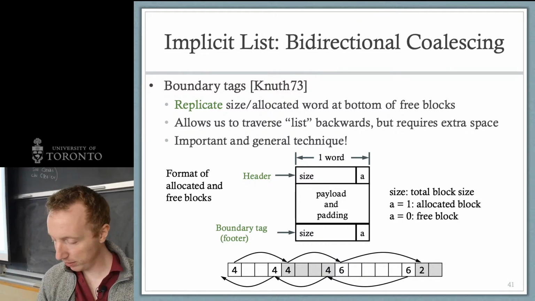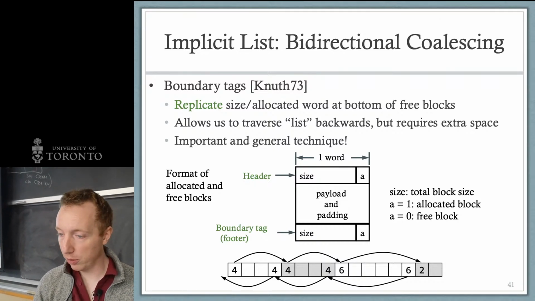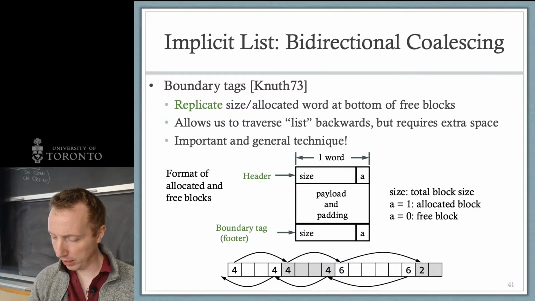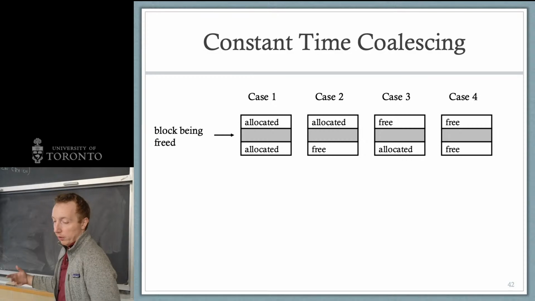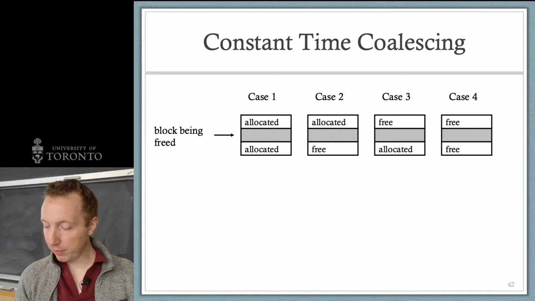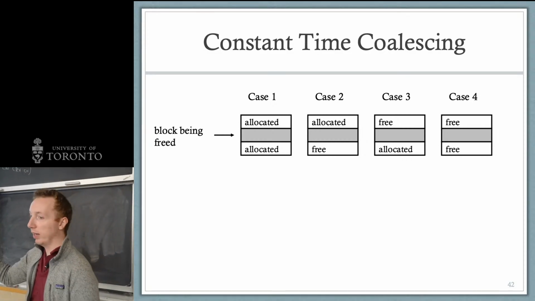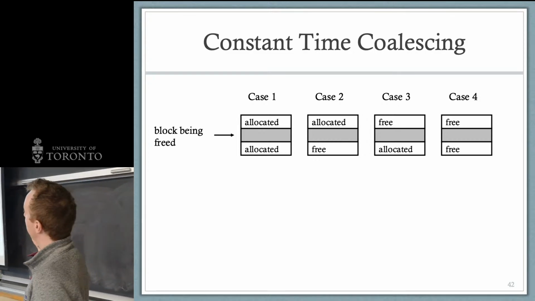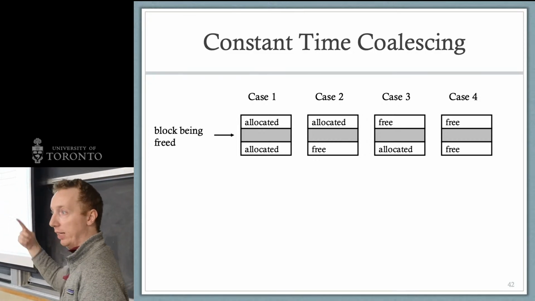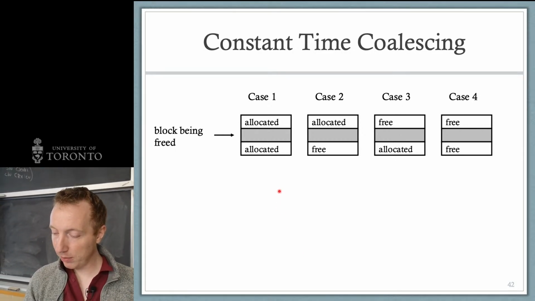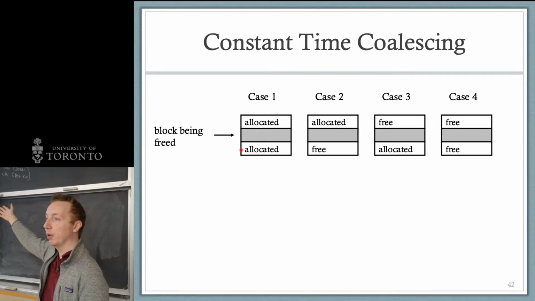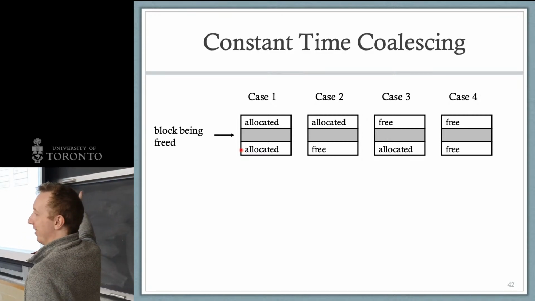If we have an implicit list, how to actually coalesce blocks is what we're doing right now. We have a few different situations. If we consider the block being freed and then the previous and the next block, there are 4 situations. Either we're sandwiched by allocated blocks, and in this case, do we have to coalesce a damn thing?